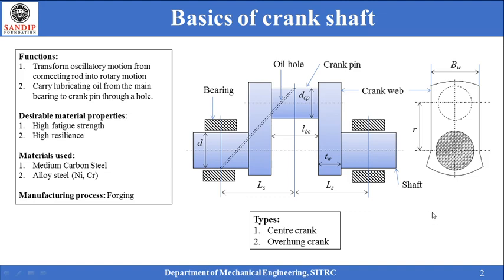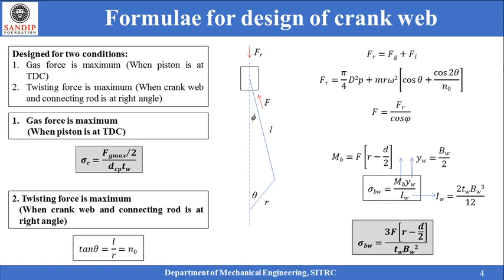Again, let us refer this figure. This is the exact situation when the piston is at TDC. And now this web is subjected to the crushing force, which is a very high compressive force. Under the action of this force, the crushing stress is calculated as force applied divided by the resisting cross section.